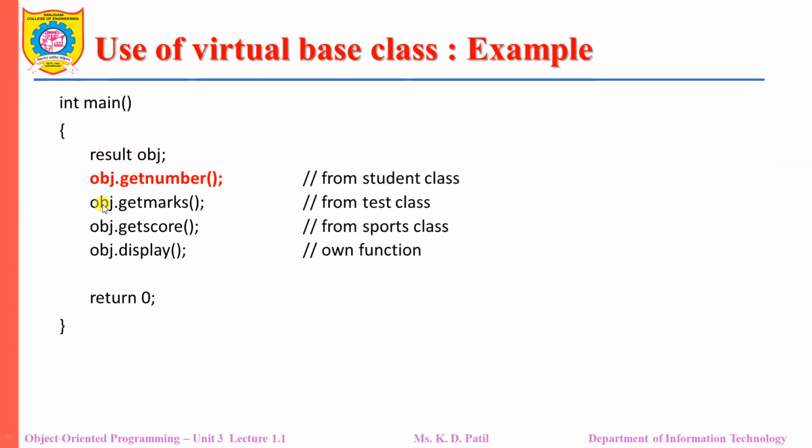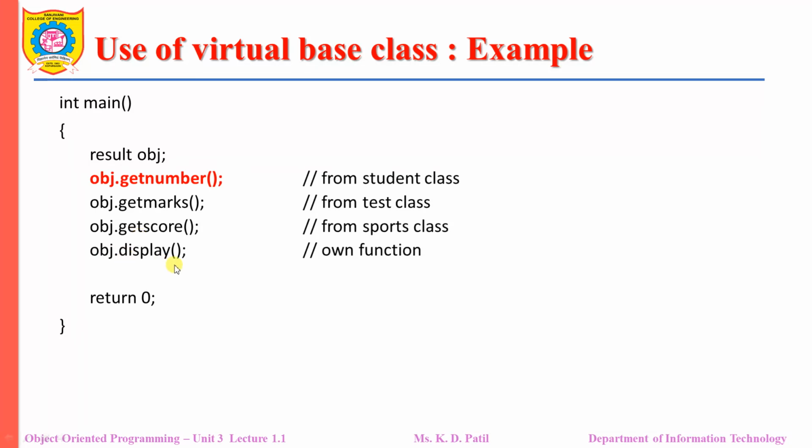Okay, then obj dot get marks will accept the marks of a student for part 1 and part 2. That get marks function belongs to the test class, which is inherited by the result class. The next one is get score. It is the function which belongs to the sports class, which is inherited by the result class.